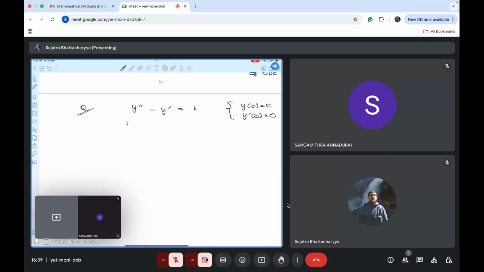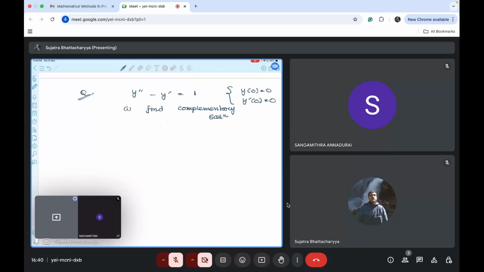Step 1 is that, as we do for a general inhomogeneous equation, find the complementary solution. So what you will get is alpha squared minus alpha is equal to 0, because this is the forcing part, which is a constant function in this case, but we will look at the homogeneous equation.